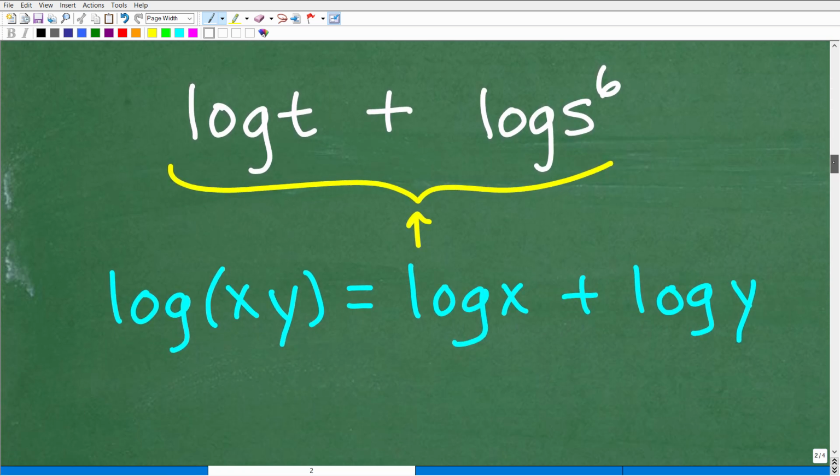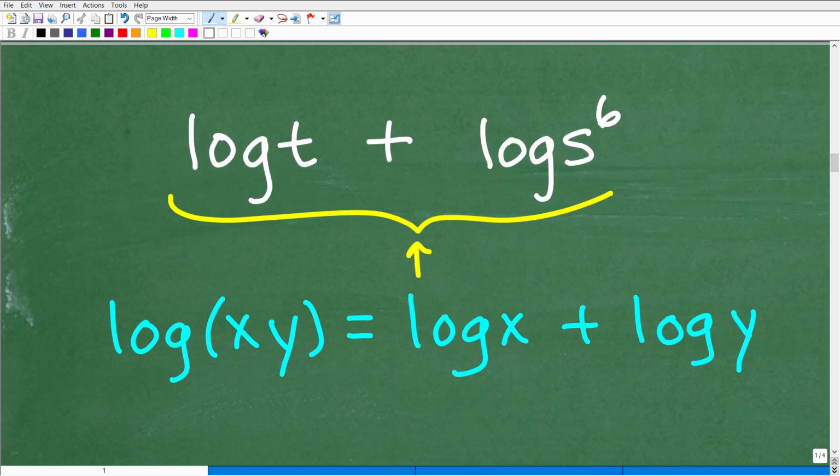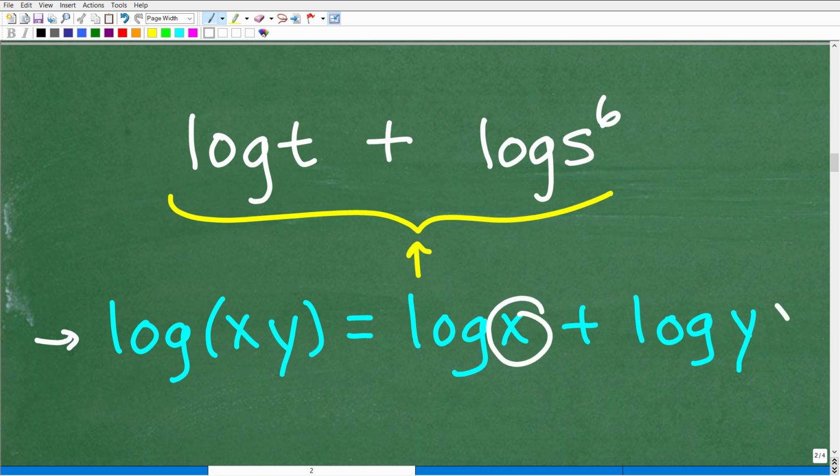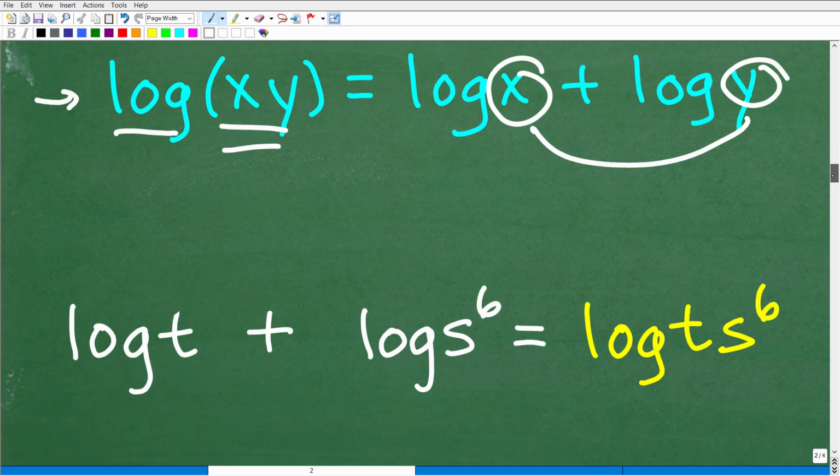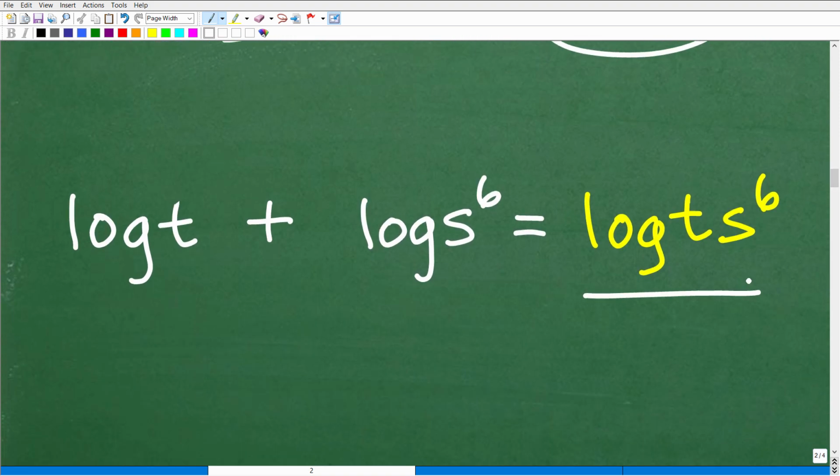So log t plus log s to the 6, we want to be thinking about this property of logarithms right here, going in reverse. So log x plus log y, same base, log base 10, I can just write this as a single logarithm with x times y. So here we'll have t times s to the 6, and that's what this is equal to.